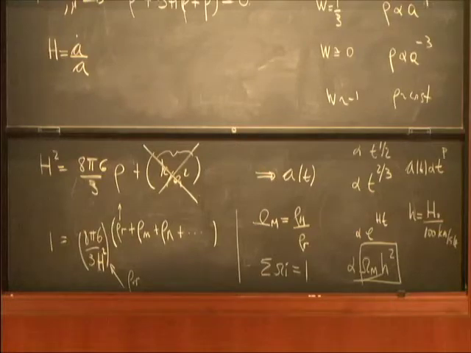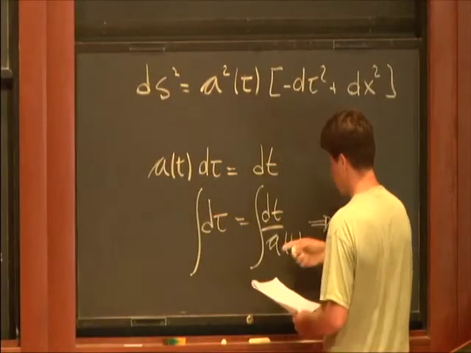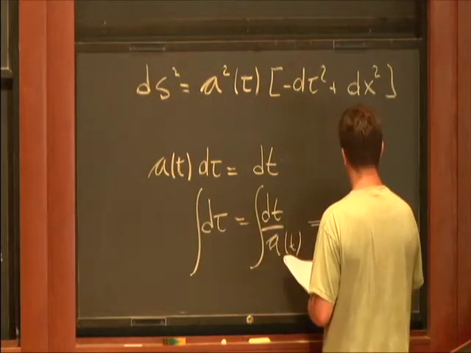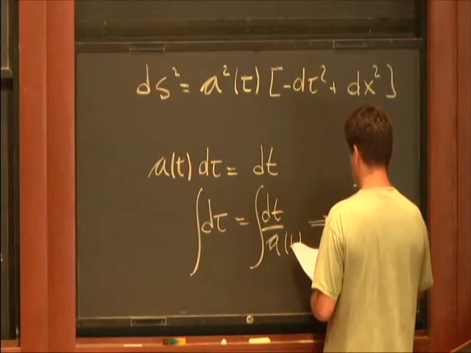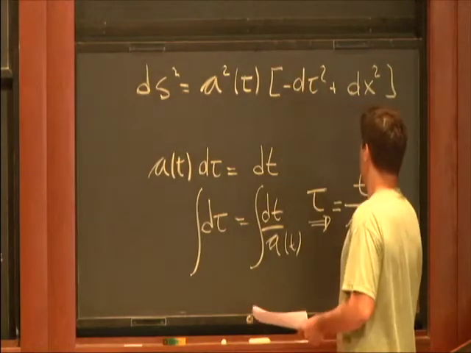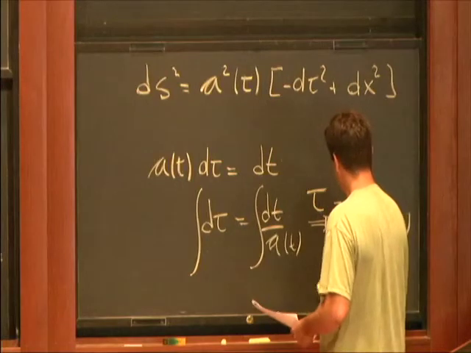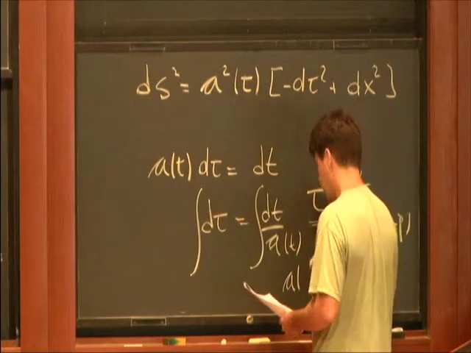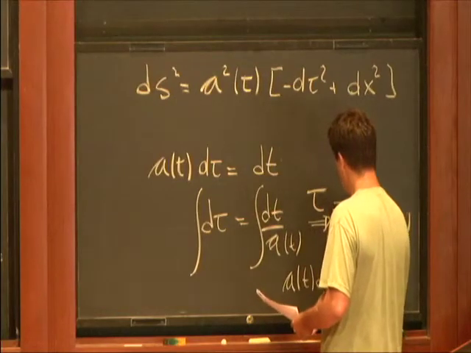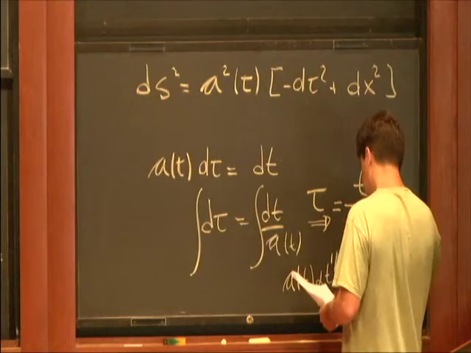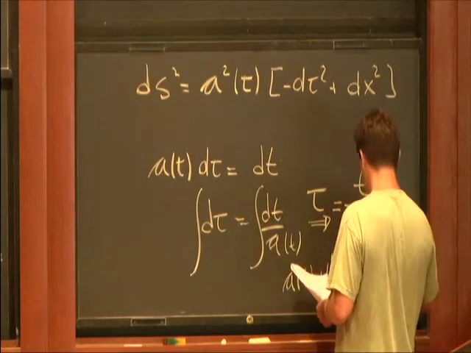And so, if you just do this estimate, what you get here for a power law is this. This is tau. In particular, for example, in the radiation era, a is proportional to t to the 1/2, and so tau is proportional to a. Okay?